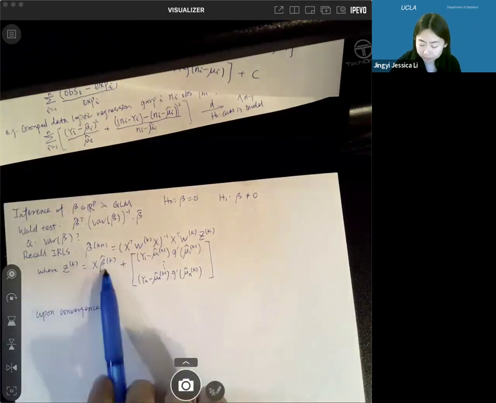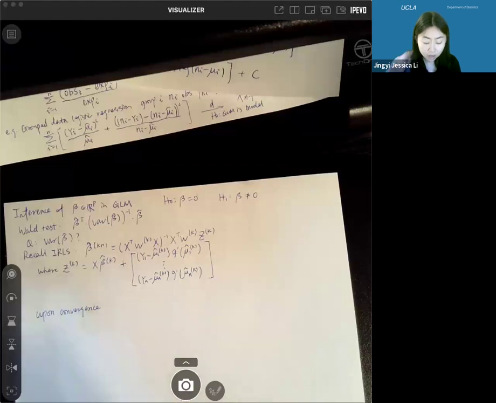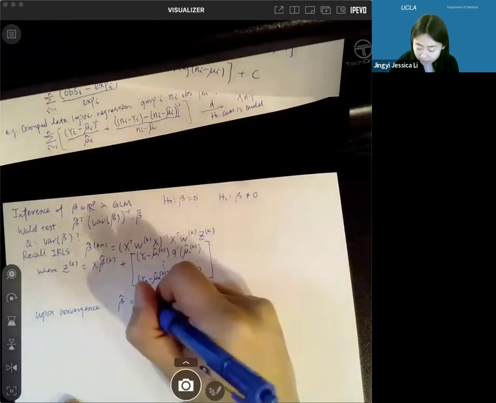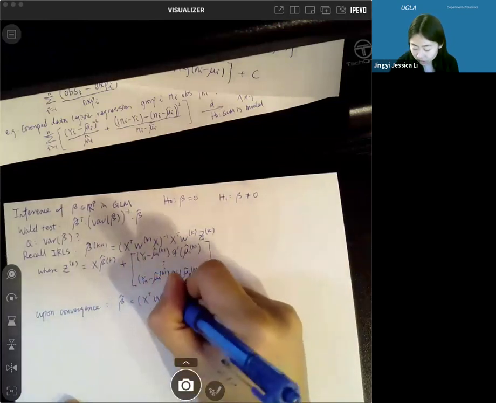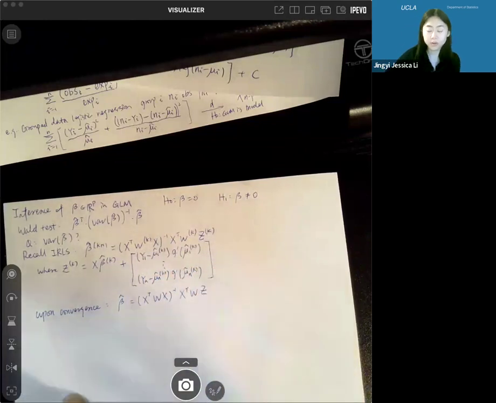So once mu hat and beta hat are stabilized, Z is also stabilized. So therefore, we can write beta hat as X transpose W X inverse X transpose W Z, because W also stabilizes.